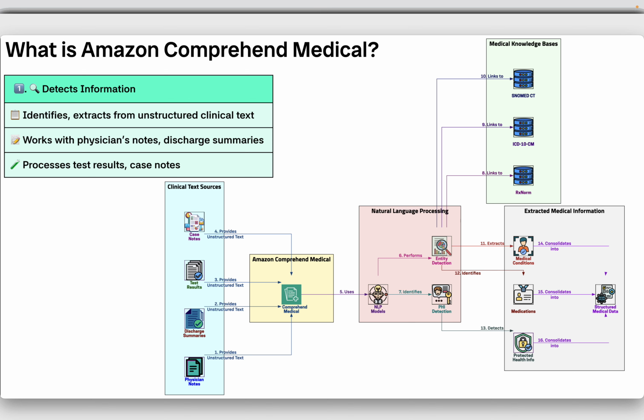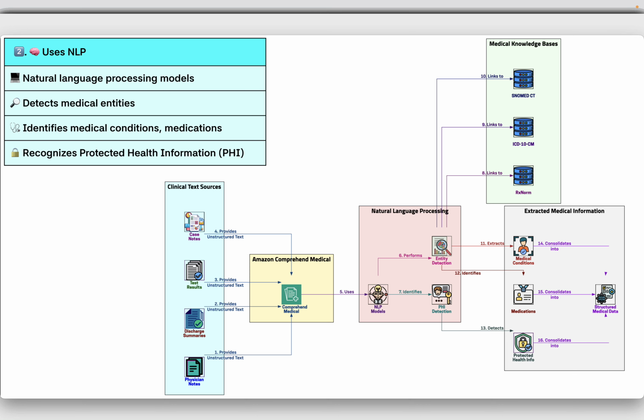Amazon Comprehend Medical is a service that identifies and extracts useful information from unstructured clinical text, such as physician's notes, discharge summaries, test results, and case notes. It uses natural language processing (NLP) models to detect entities, which are textual references to medical information like medical conditions, medications, or protected health information (PHI).